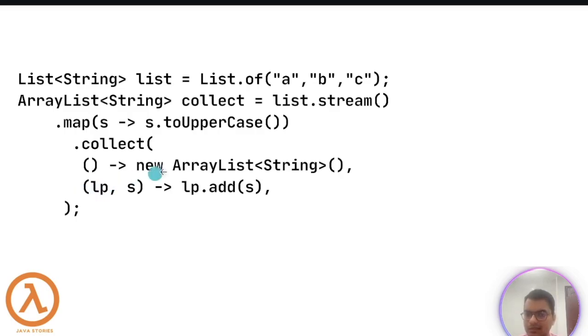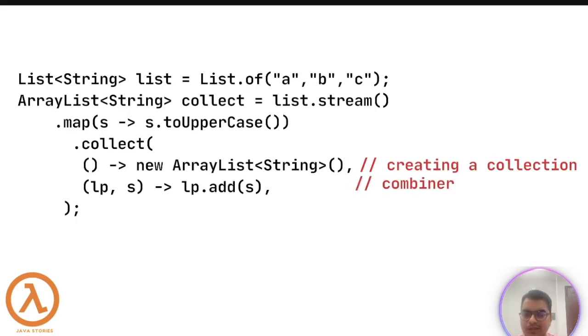This is the list which we are getting from the supplier, and s is the element which we receive from the stream, and we just add that element in the list. So we see creating a collection, and then we have the accumulator. We have seen these two steps in the collector APIs.